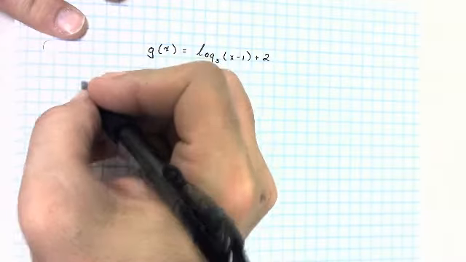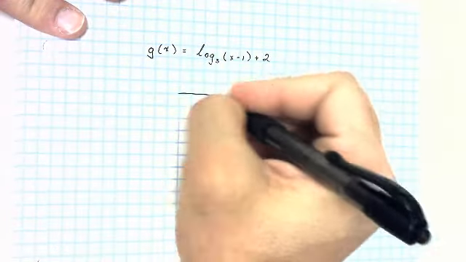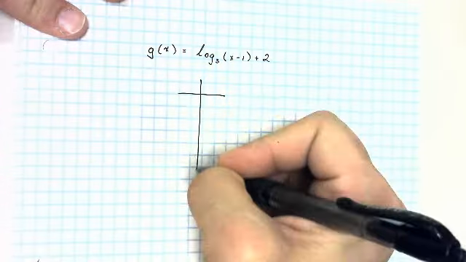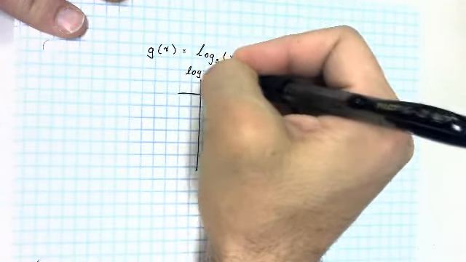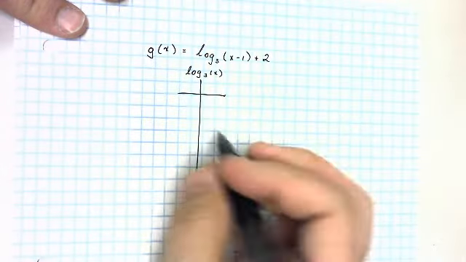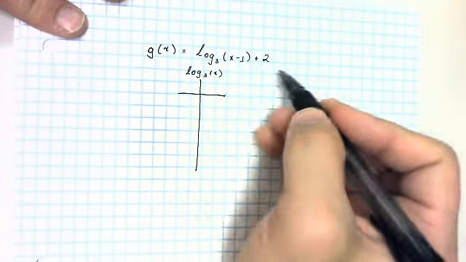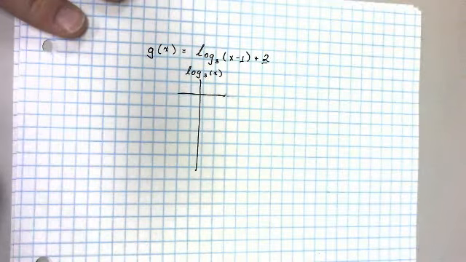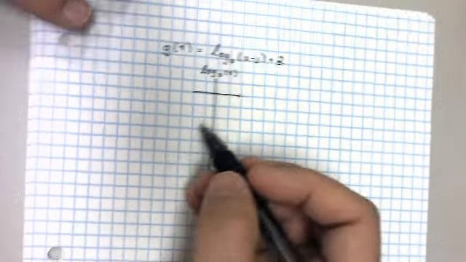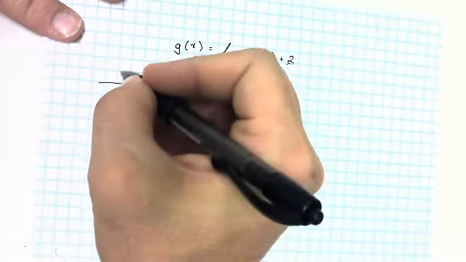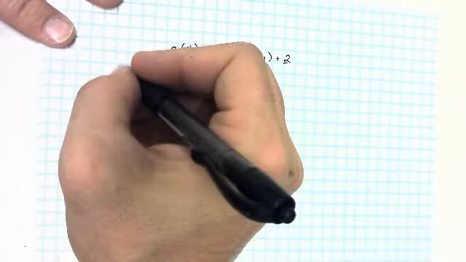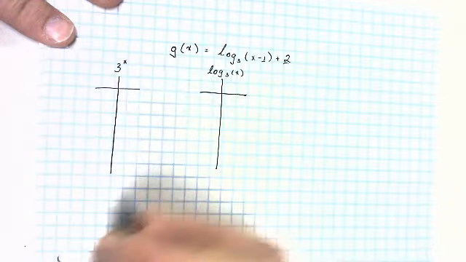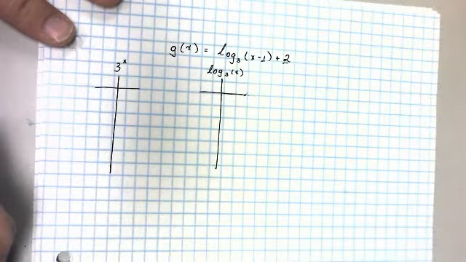My center table is going to be the table which represents log base 3 of x. So I've gotten rid of these extra transformation numbers. My original table is going to be the inverse of log base 3, so that's going to be 3 to the x. And that's always what I'm going to start with, that exponential function.